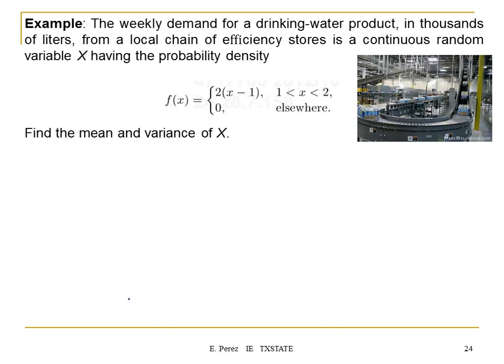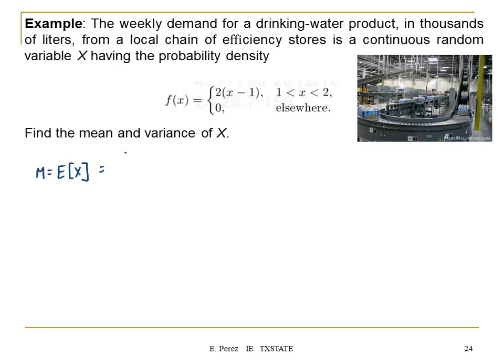I want you to find the mean and the variance. So far we've been looking at examples with only discrete random variables. Let's look at this problem with the continuous random variable. So let's find mu, which is the expectation of x.